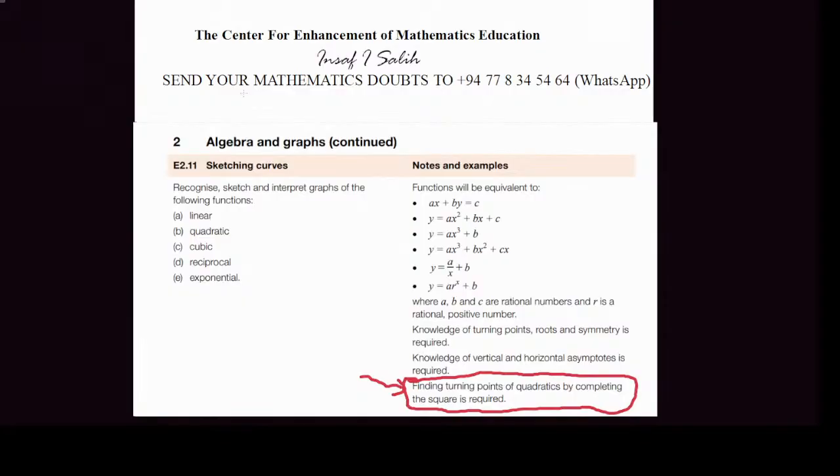Right, let's see how to convert a quadratic equation which is in standard form to vertex form. Let's say you have been told there is a graph, a parabola.